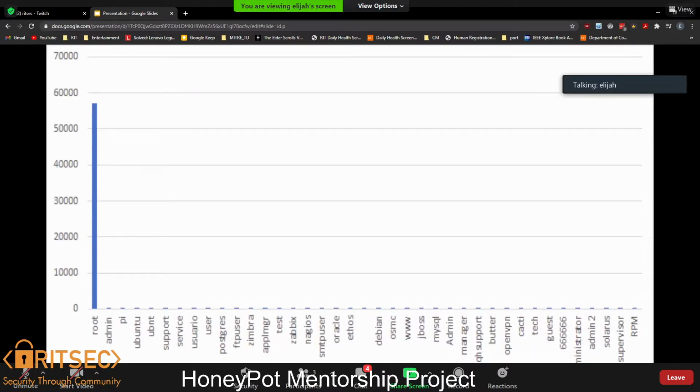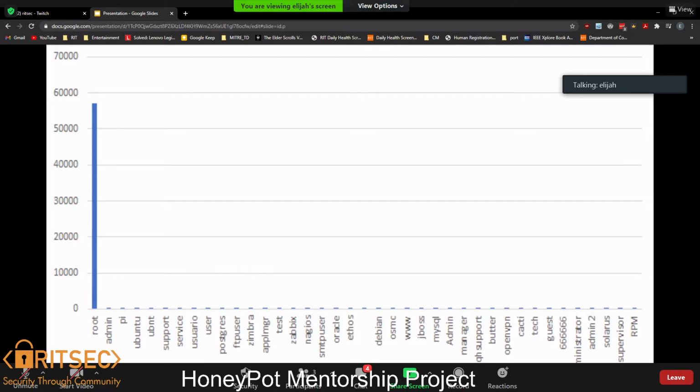Once again, like with the previous graph, most of the attempts were to try to log in as the root user. And once again, just note, it may seem that these usernames were used maybe once or twice. However, it's hard to tell because of how drastic a difference there is between root and the next one.